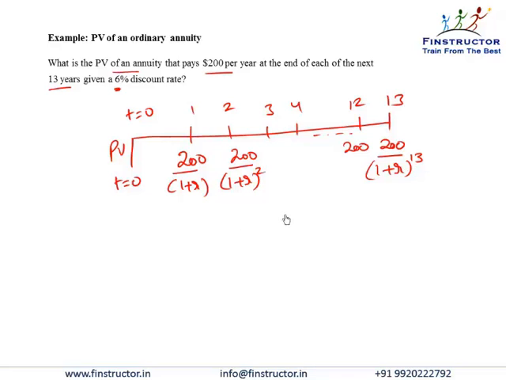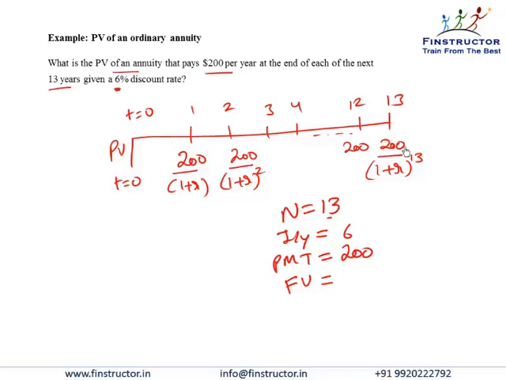So we'll enter N as 13 in our TVM sheet, I by Y as equal to 6. Payments every period at the end of each of these 13 periods are given to be 200. What is the future value in this question, guys? What am I getting at the end of t equal to 13? That is the meaning of future value.